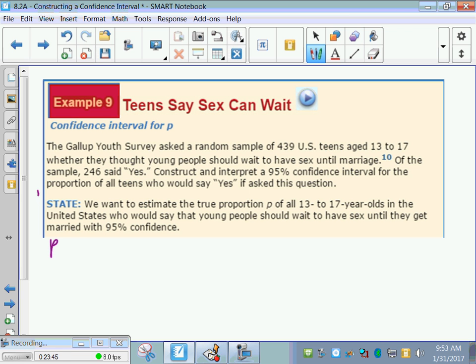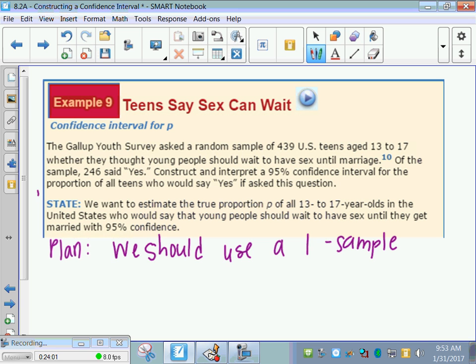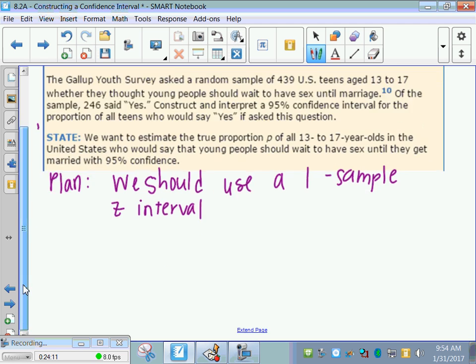All right, plan. For the plan part, again, we have to say we should use a 1-sample z interval if conditions are met. This is where you guys need to memorize that, a 1-sample z interval, as long as we have those 3 things. So, random. Jake, is it random?